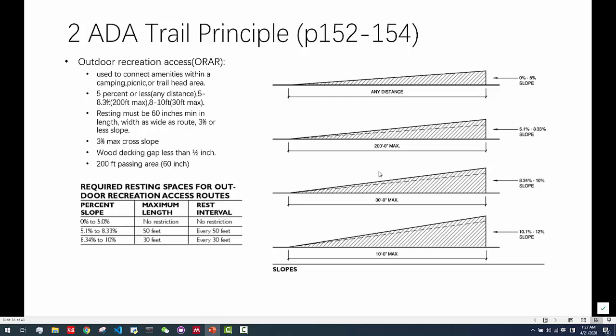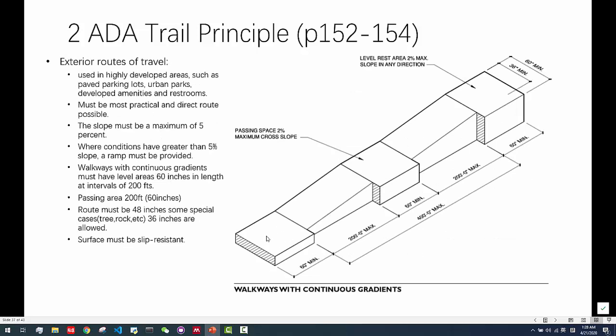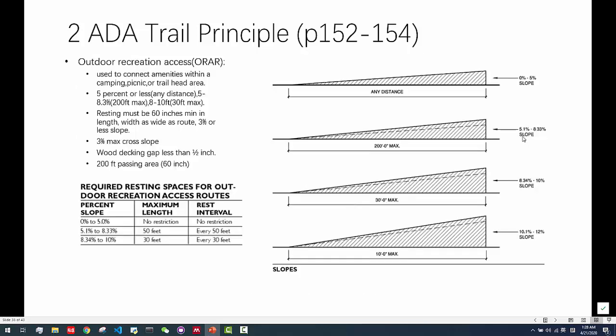And here it's talking about 5% for any distance. But if you have this kind of rest area and then a ramp, and 200 feet is too long, then you can do 5 to 8%.